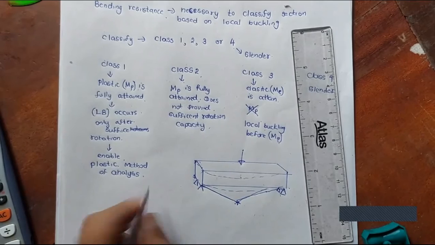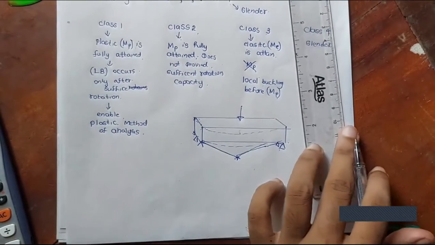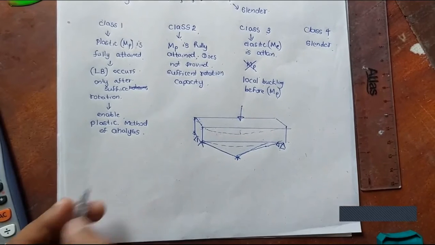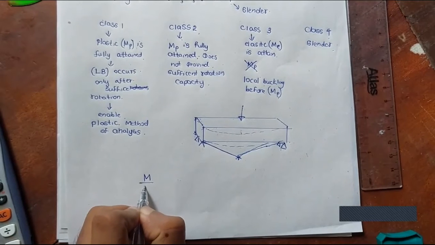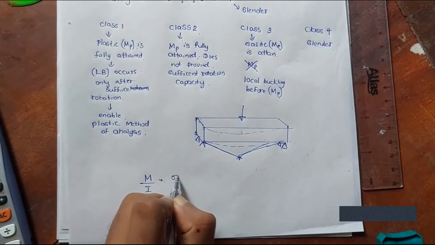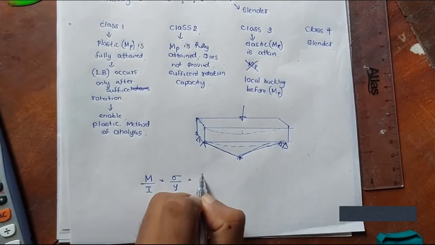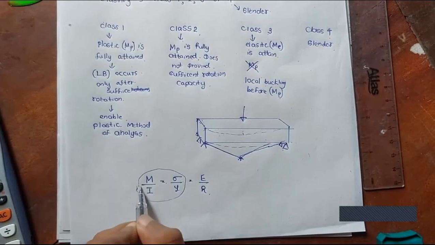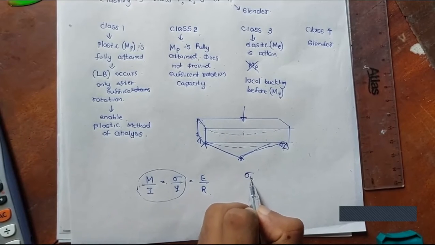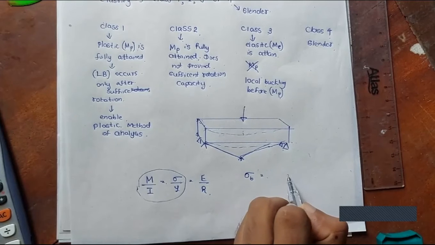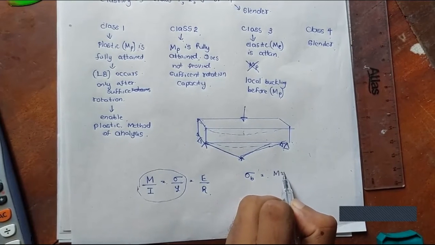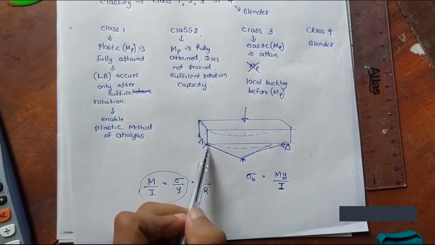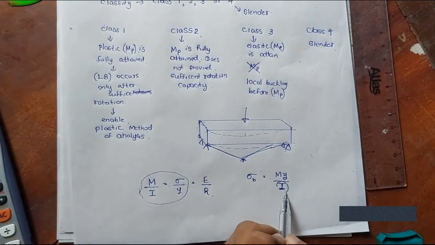You know this bending formula: M over I equals sigma over y equals E over R. We can take this part out and write sigma bending, the bending stress, equal to M y over I. Within this cross section, I is not going to change.